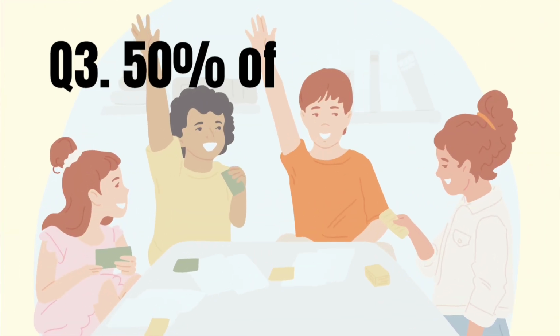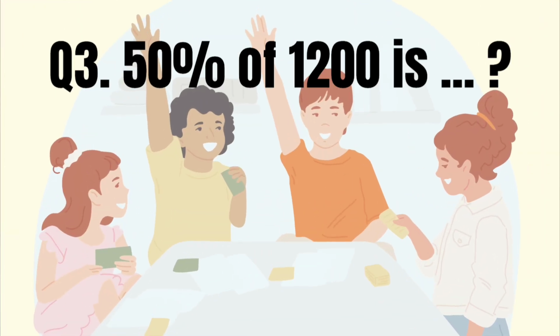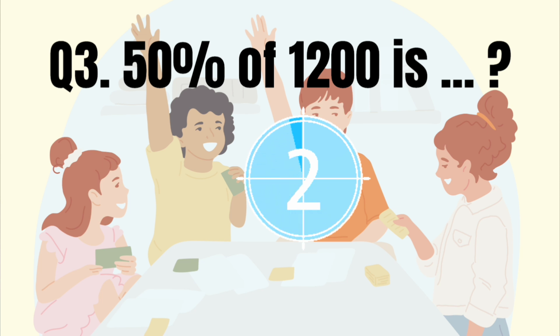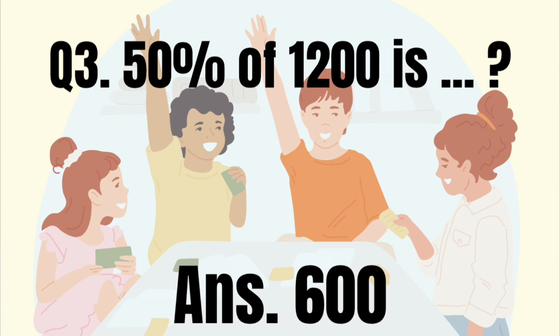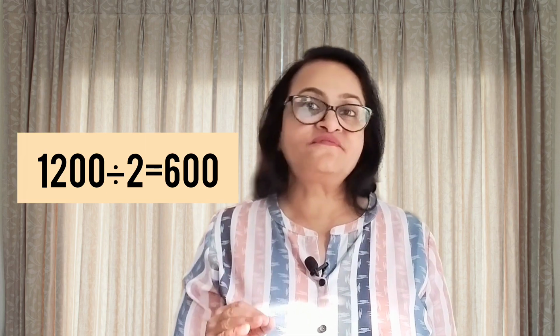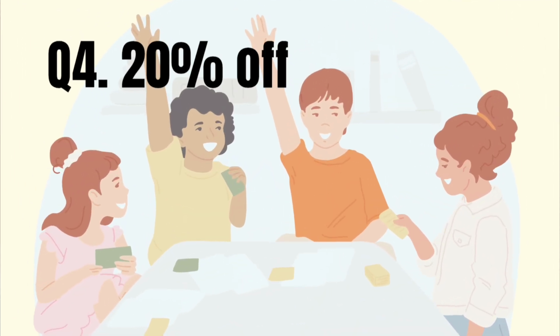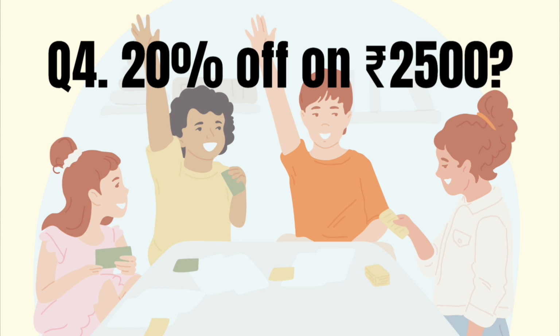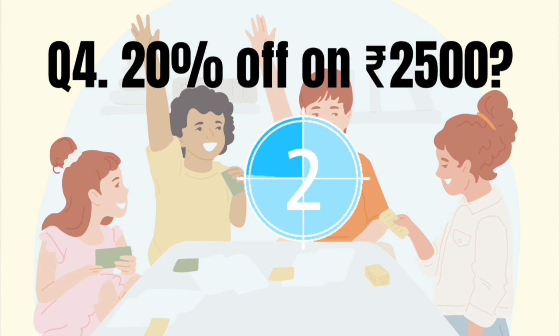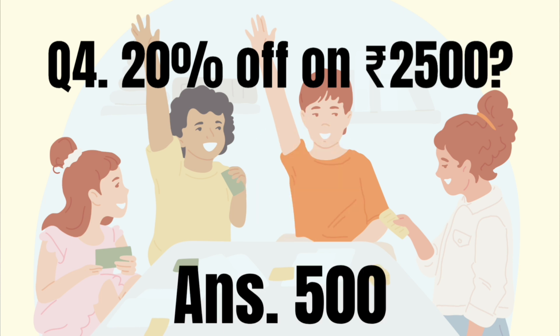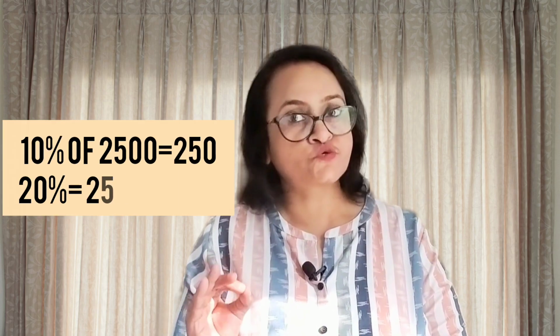Next question. 50% of 1,200. Answer is 600. Just divide 1,200 by 2 to get 50%. Next question is 20% off on 2,500 rupees. Answer is 500. 10% of 2,500 is 250.